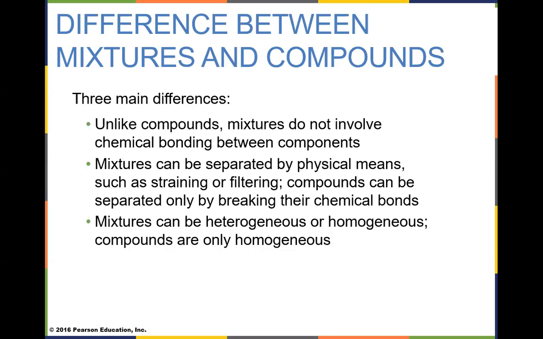But compounds are always homogeneous. Glucose always looks like glucose. Glucose molecules all look the same. Salt looks the same. Every part of the compound is identical to every other part of the compound. Mixtures can be either.